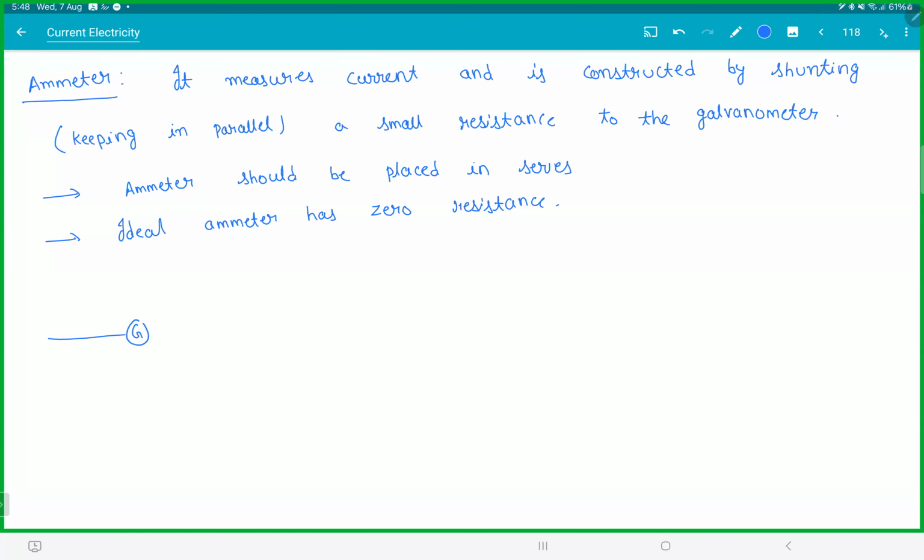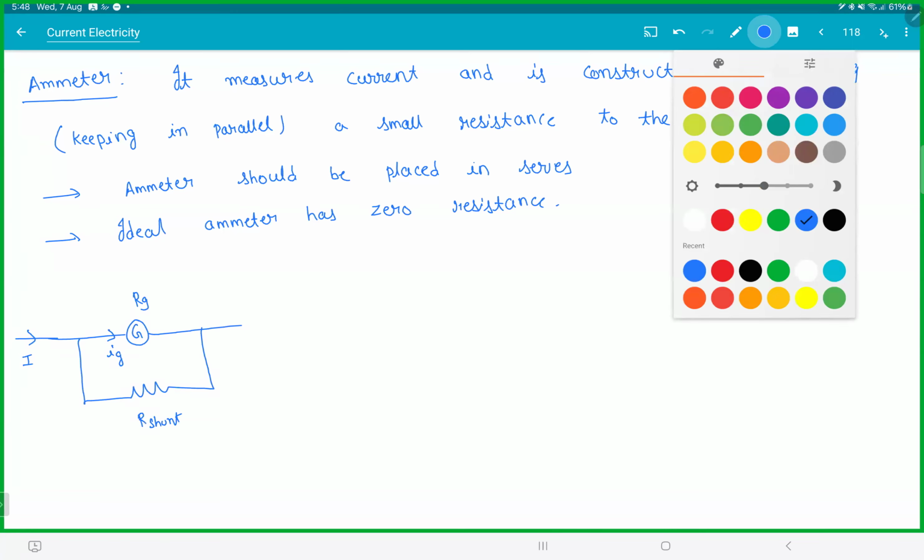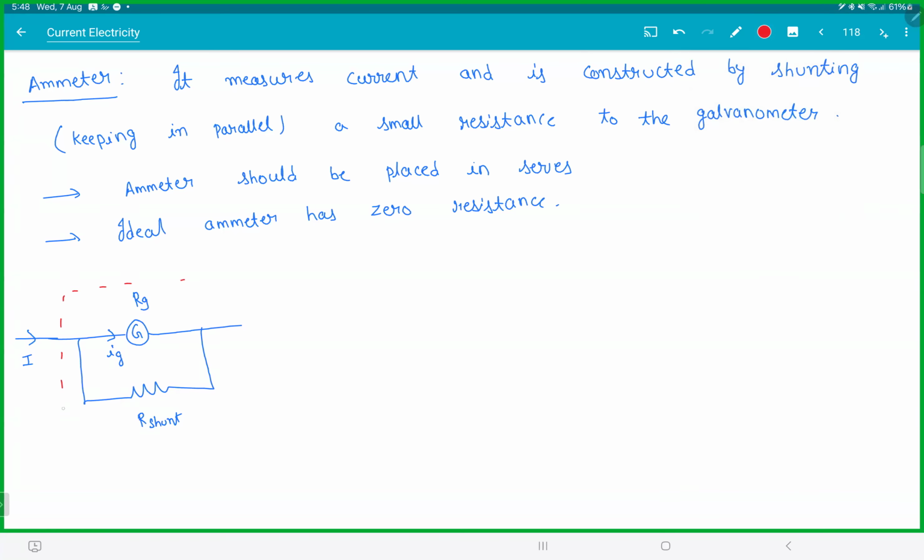You take a galvanometer and you take a shunt resistance. This is R shunt. This is RG. So capital I is going here. Ig current will go in the galvanometer. So this full package here is what we call an ammeter. So this whole setup here is your ammeter.